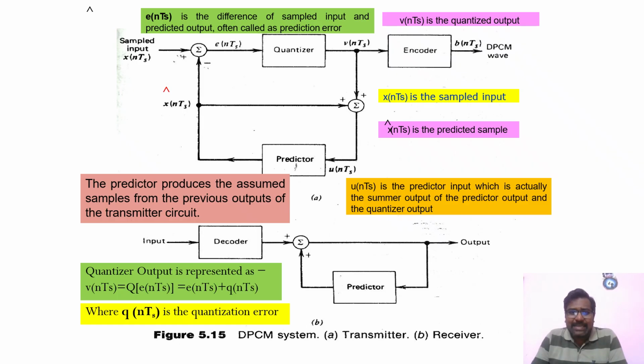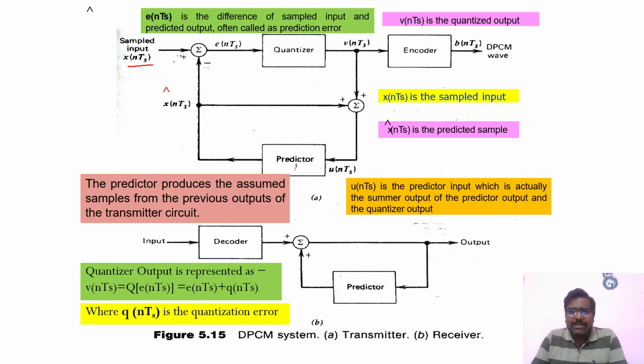This is the basic DPCM transmitter and receiver block diagram. In the transmitter, the input signal is x of nTs, the sampled input signal. For the summer, one input is x of nTs, the sampled input signal. The other input is the predicted sample x cap of nTs. Both signals are given to the summer.